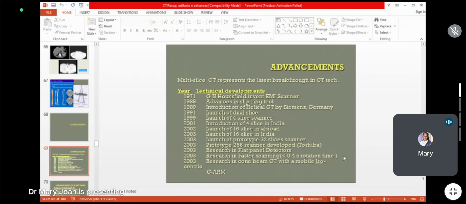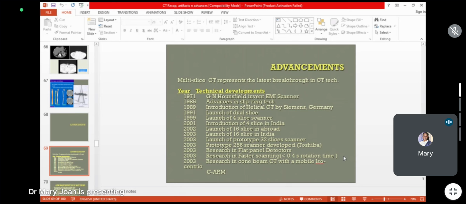In 1971, Hounsfield invented the EMI scanner, 85 advances in slip ring technology, 89 introduction of helical CT by Siemens, 91 launch of dual slice, 99 launch of four slice, and 2001 introduction of 4 slice in India, 2002 launch of 16 slice, and 2003 16 slice in India. So the 2003 launch of prototype 32 slice scanner.